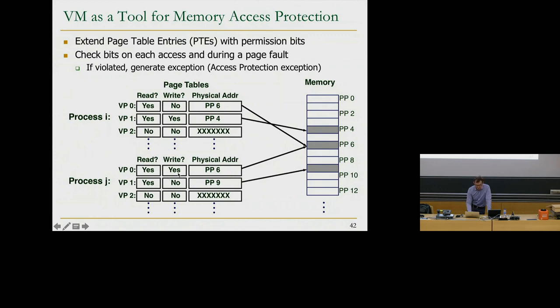So you can enable this process, which may have higher privilege for that particular page because it owns it for some reason. It may be the system that's trying to write something to communicate with this other process that's a user-level process. The user-level process cannot write to it, but it can read from it, so it can get information from the system. So there could be many, many reasons, of course. Now you can build a lot of structures on top of this while keeping data private or protected, right?